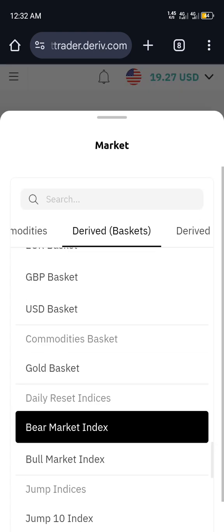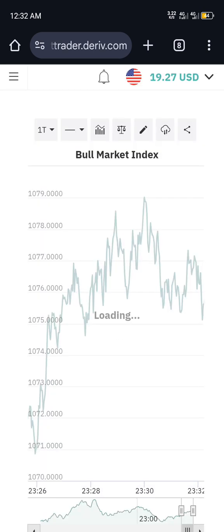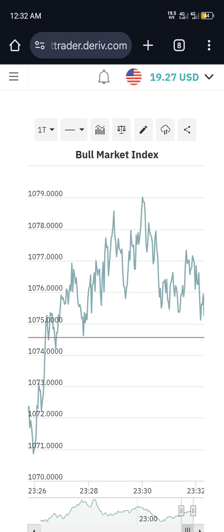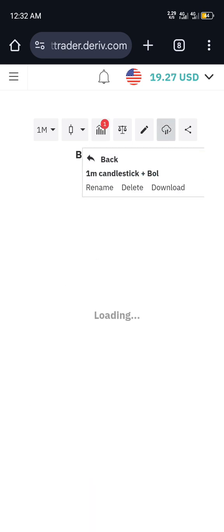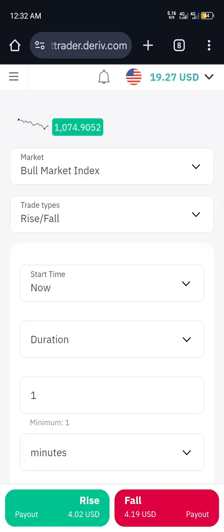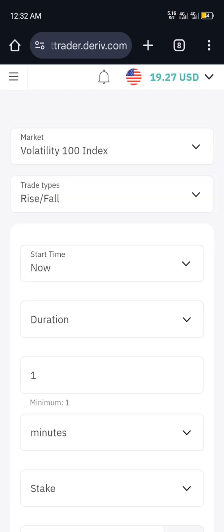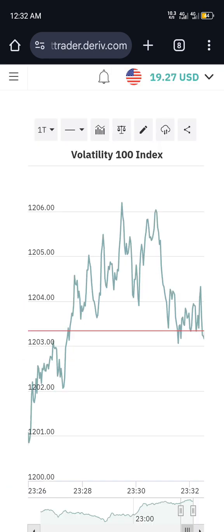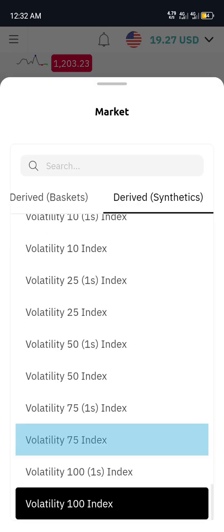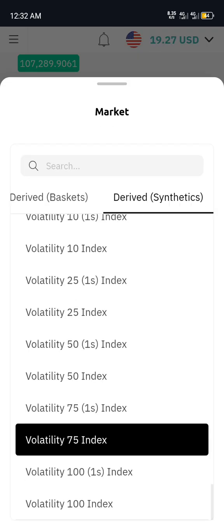A good signal. That's how we've been scouting from market to market. We are looking for something that is a smooth and well-trending market where we can place our trade.